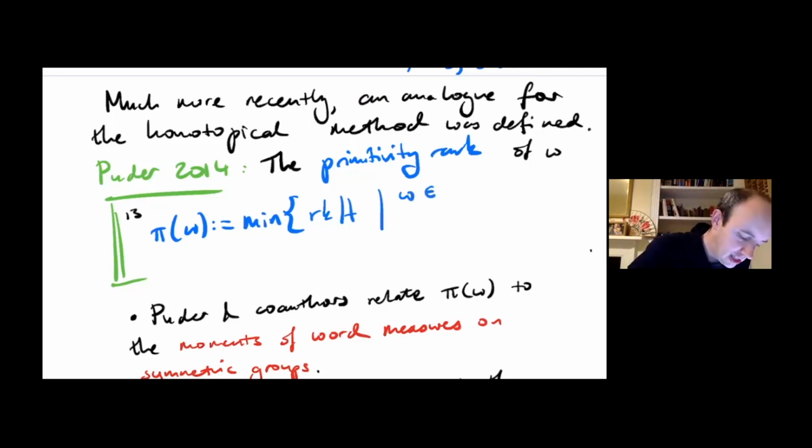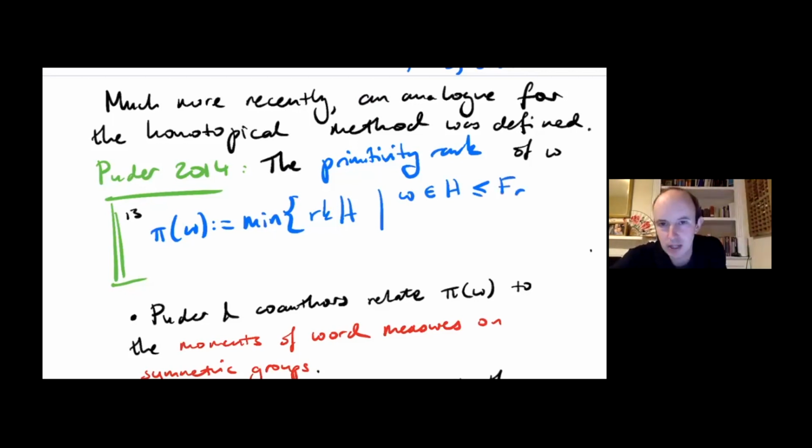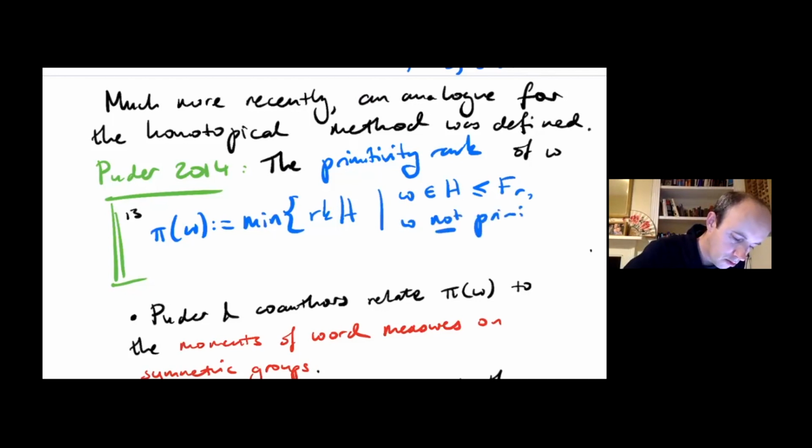H's are meant to be subgroups of my free group F that contain W. But I want to say a bit more than that. I also want to say that W is not primitive in H.